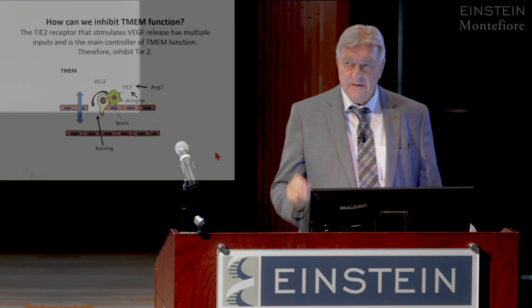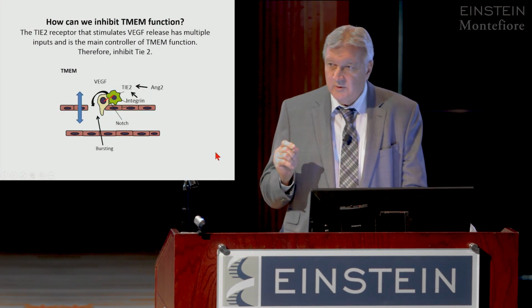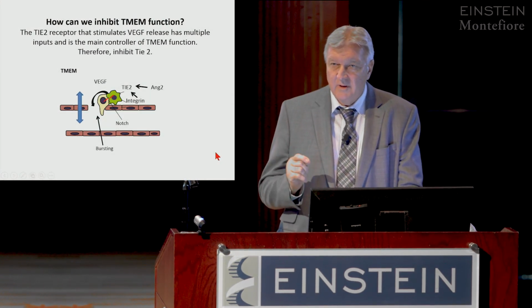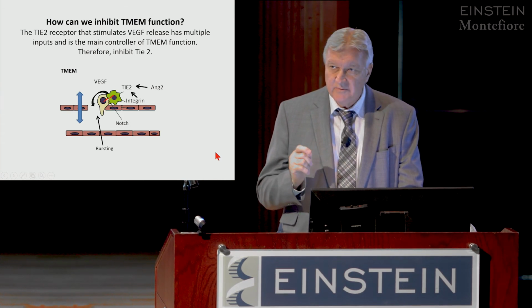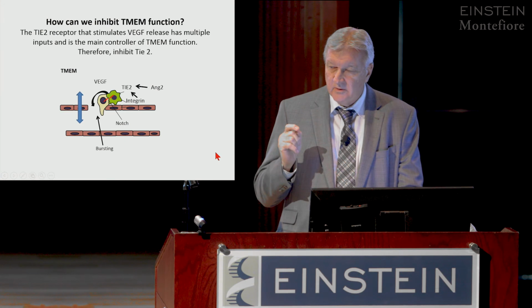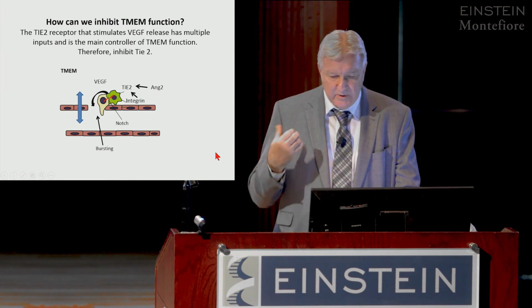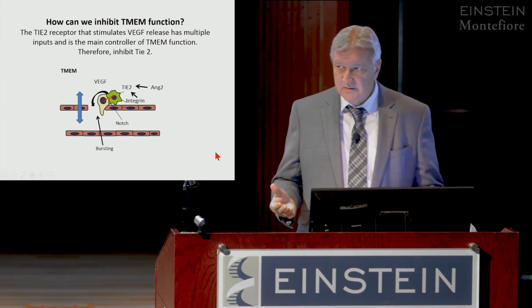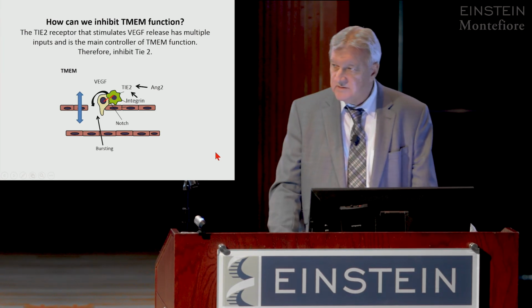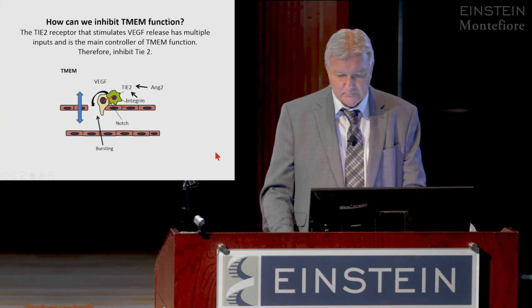So in the not too distant future, we believe that we'll be able to have a patient that will be actually observed during the early stages of treatment by various drugs, and we can assess the effect of the drug on TMEM function and the response of TMEM to the drug.